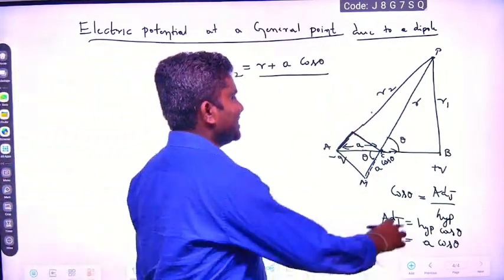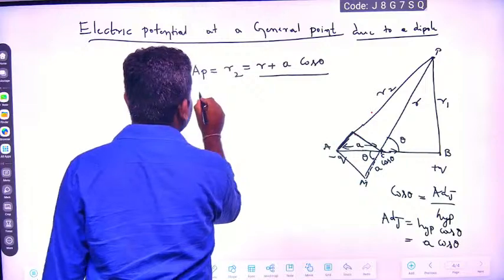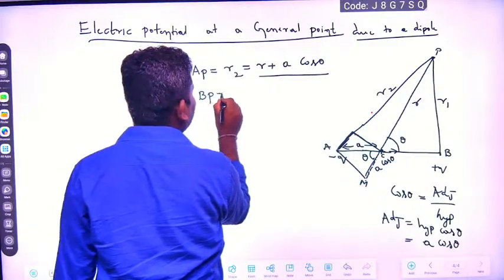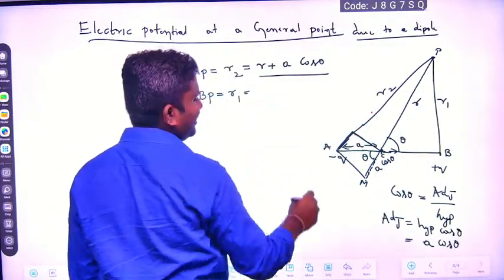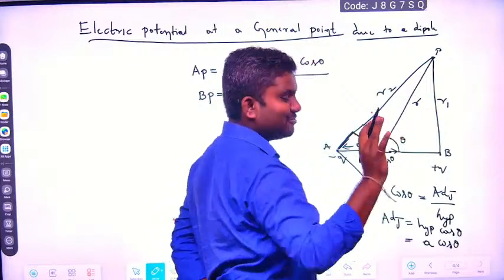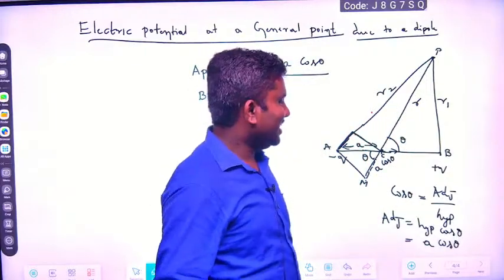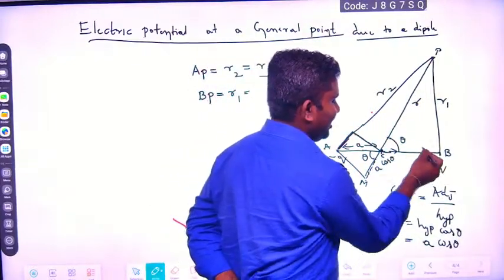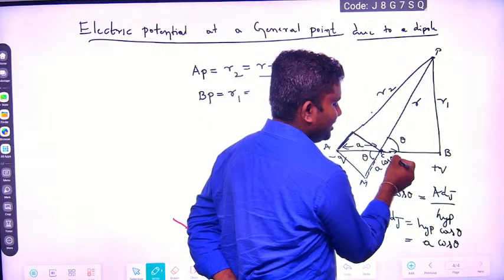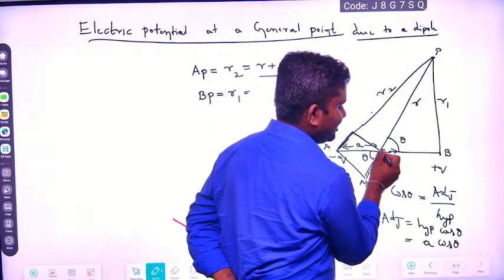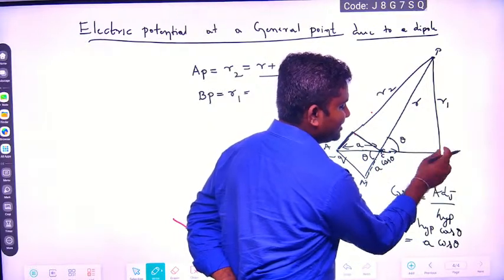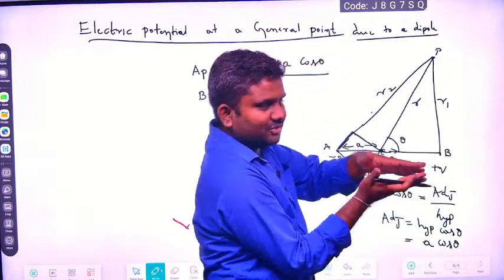Correct? Now what about this? BP. R1. Correct? Now till here it is R. In terms of R you need to write. Till here it is R, but there is a small diminish of that line, right?